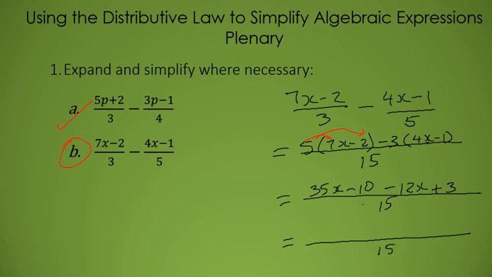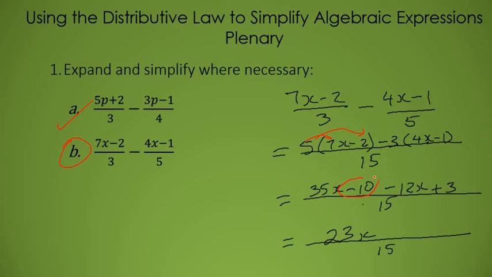And so what we're going to say is that we have 35x minus 12x. So we group in like terms, 35x minus 12x. And of course, that will be 23x. Next, we're going to group the constants.